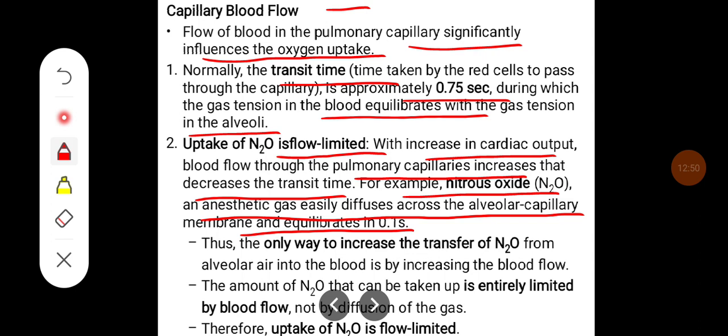Thus, the only way to increase the transfer of nitrous oxide from the alveolar air into the blood is by increasing the blood flow. The amount of nitrous oxide that can be taken up is entirely limited by the blood flow, not by diffusion of the gases. Therefore, uptake of nitrous oxide is flow limited.